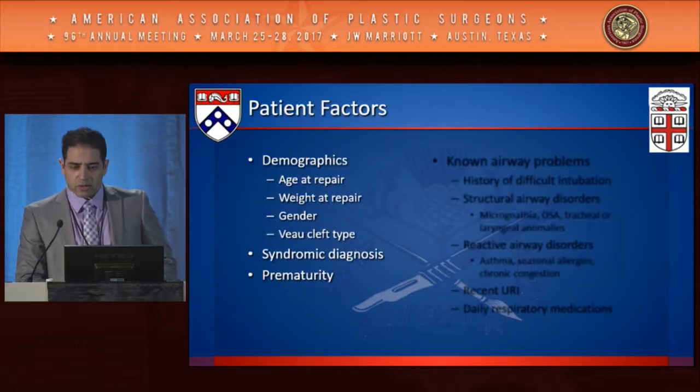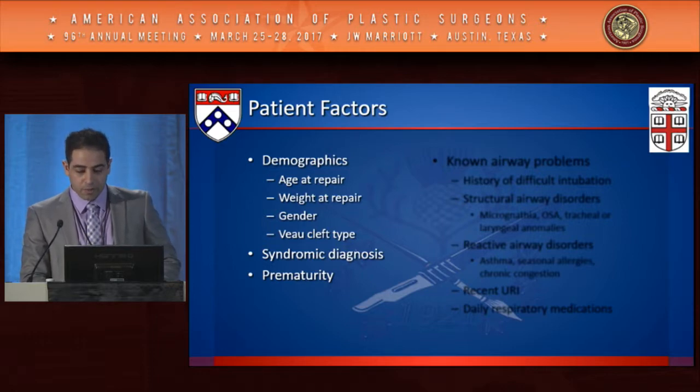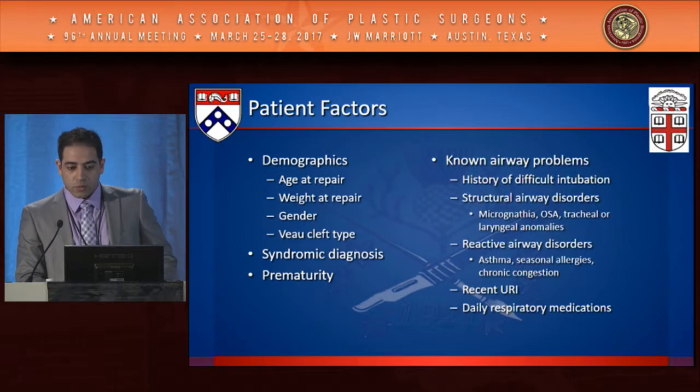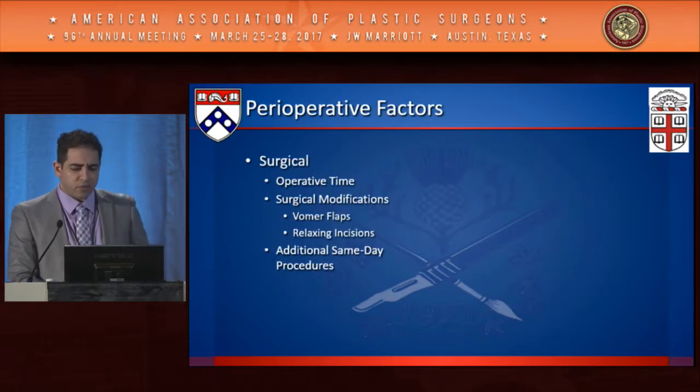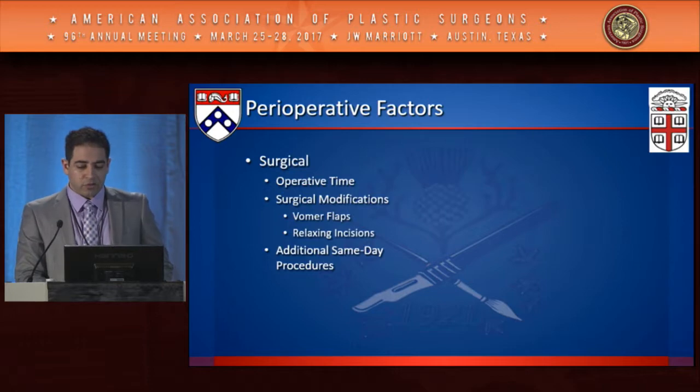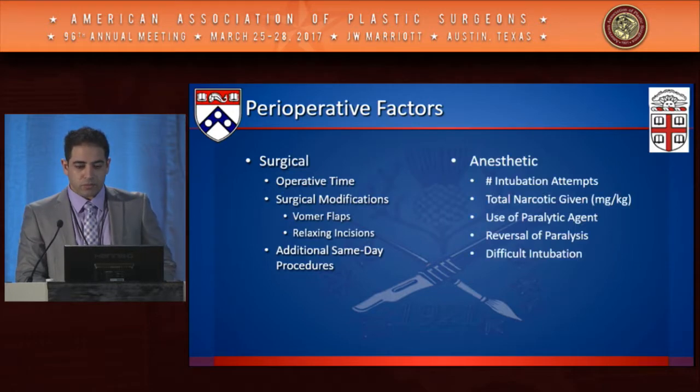Patient factors we looked at included age, weight, and gender at the time of surgery, VO cleft palate type, and syndromic diagnoses. We looked at known airway problems such as history of prior APE, structural airway disorders, reactive disorders, and recent URIs. Surgical factors included operative time, any presence of modifications, and combined procedures.